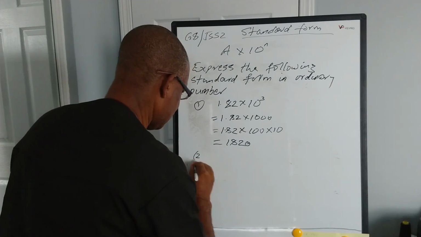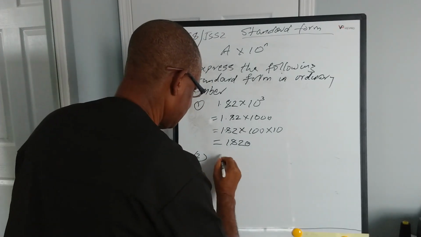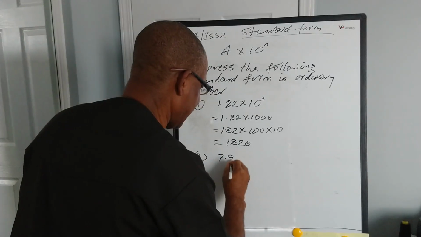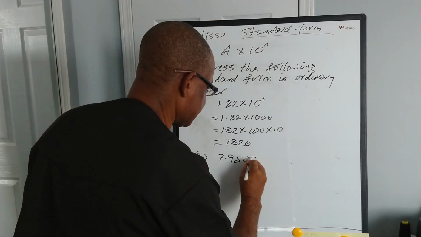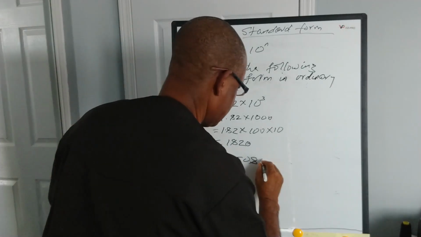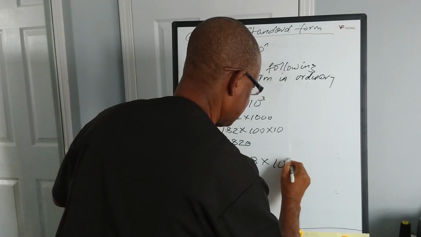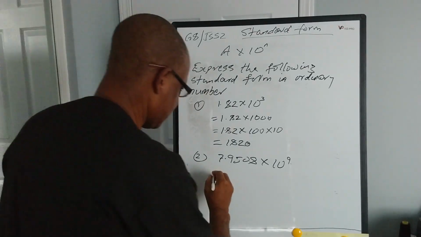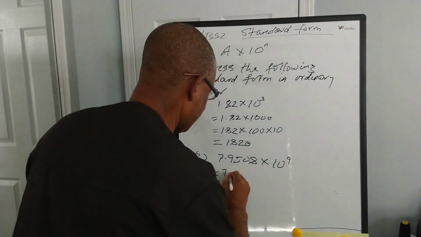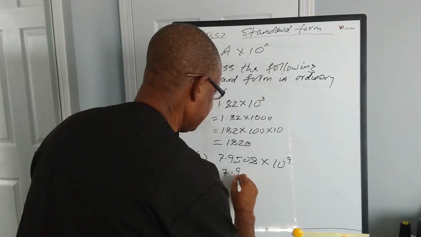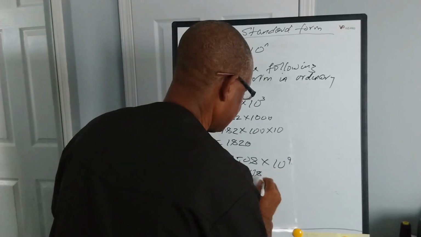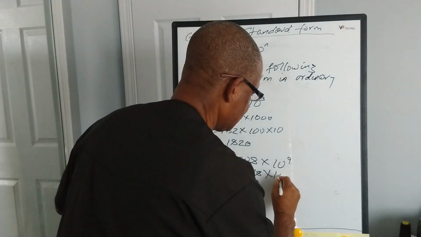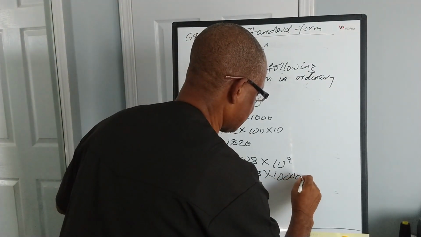We can as well be given a number like 7.9508 times 10 raised to power 9. This will result to 7.9508 times 1000000000.